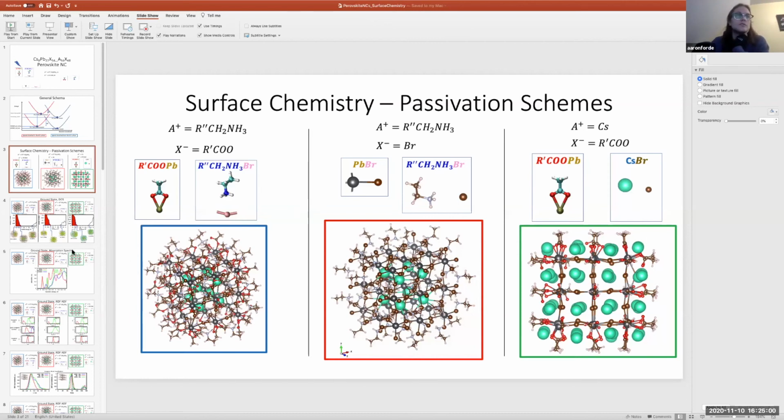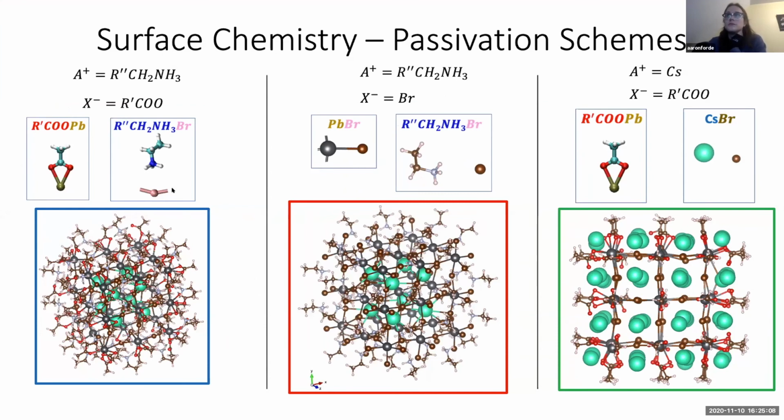And then on the surfaces, there are pairs of charged ligands. The first ligand pair is carboxylates and ammoniums on the surface. So that's the blue box.